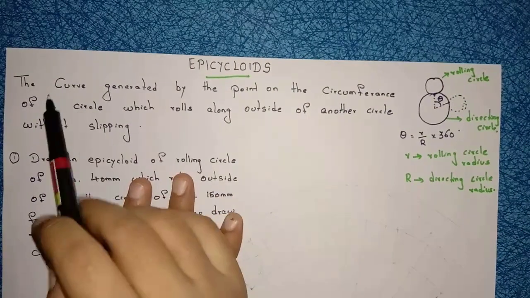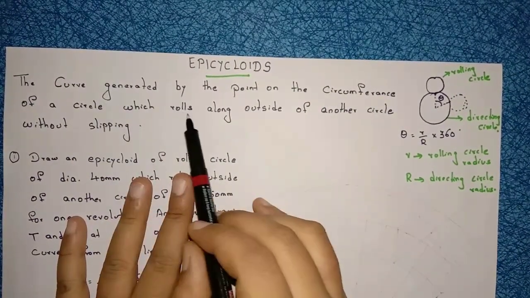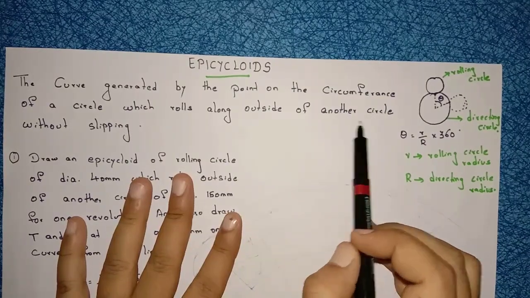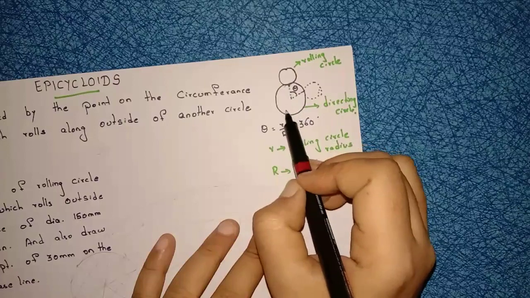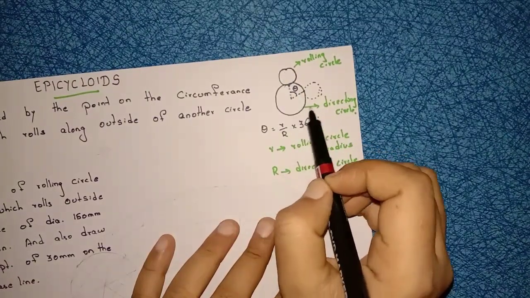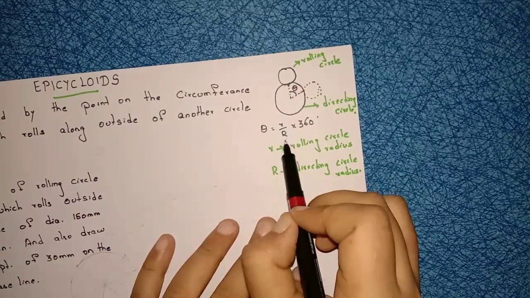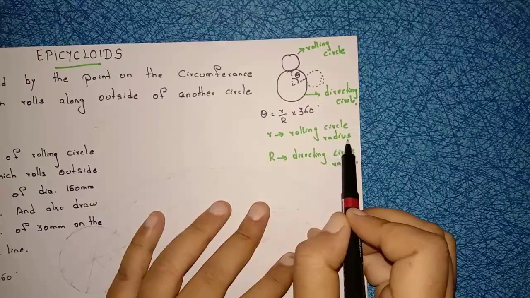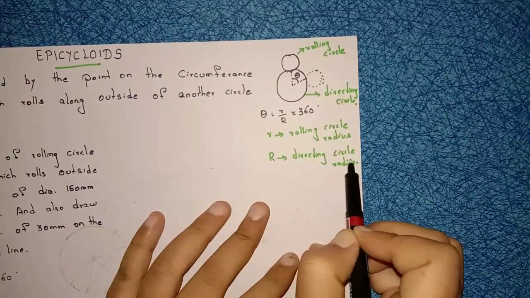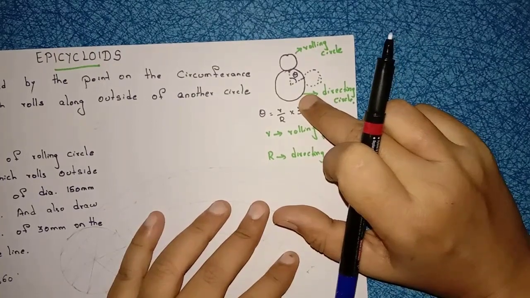The epicycloid is the curve generated by a point on the circumference of a circle which rolls along the outside of another circle without slipping. Theta equals small r by capital R into 360 degrees, small r the radius of the rolling circle, capital R the radius of the directing circle. So this is your rolling circle and this is your directing circle.